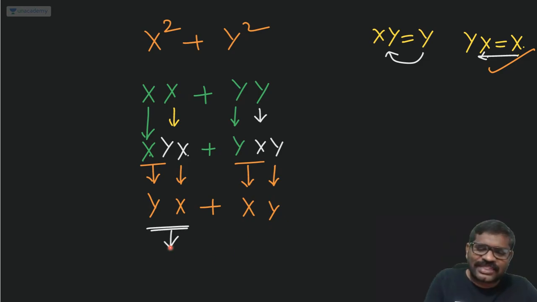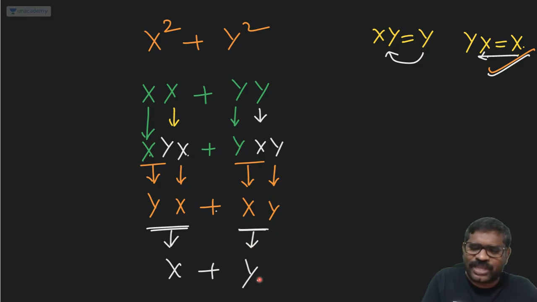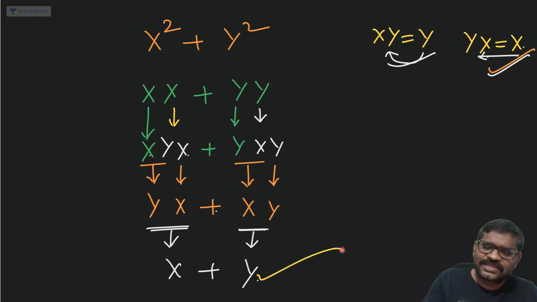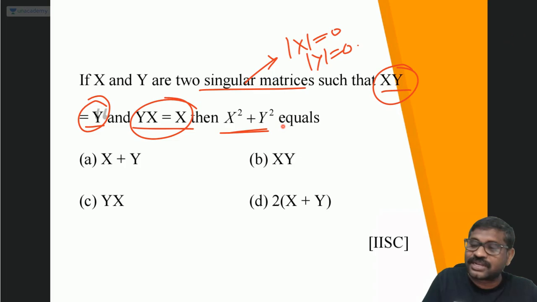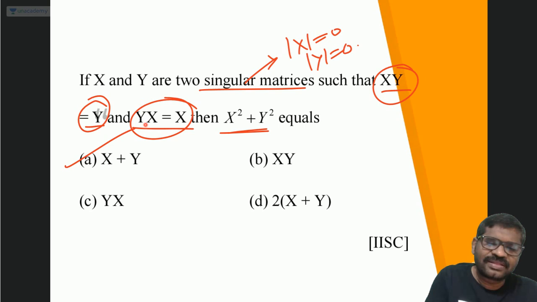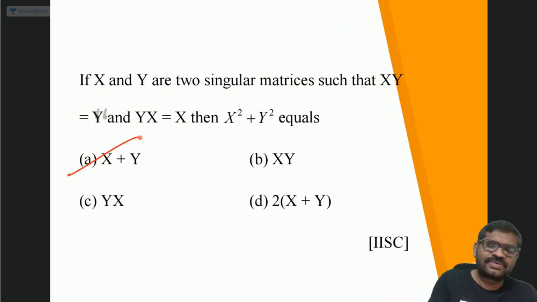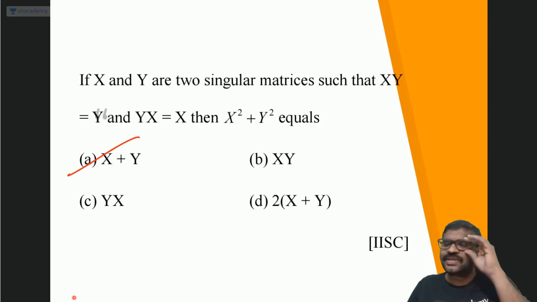YX is nothing but X. Plus is plus. XY is nothing but Y. So final answer is X plus Y. X square plus Y square is X plus Y under the given conditions. First option. Understood?